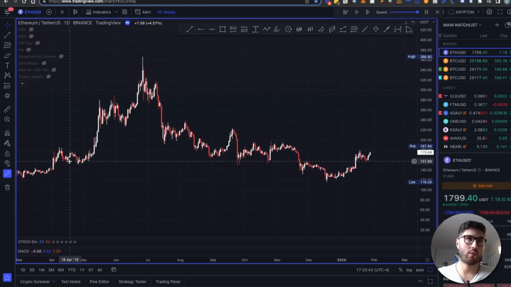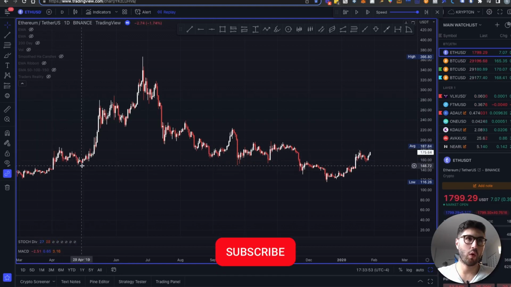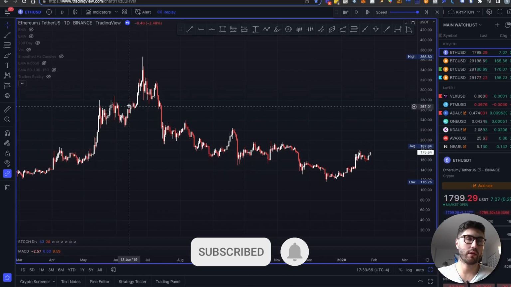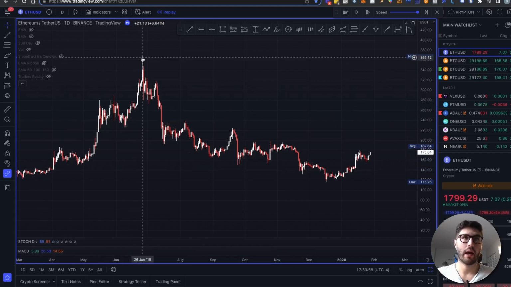We had this run up over here, where these supply zones were taken out. There were more buying orders than sell orders, so the price went up. And then in this zone, we actually saw a drop.